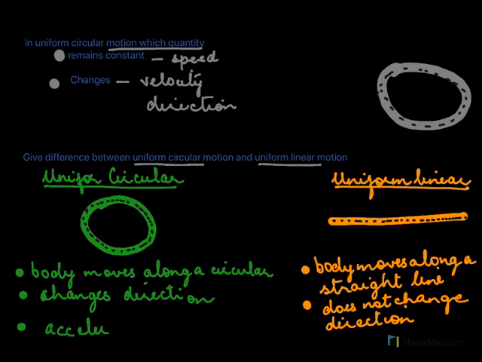It is accelerated motion, because direction changes, velocity changes, accelerated. But when we come to uniform linear motion, it is a non-accelerated motion. Why non-accelerated? The speed remains constant and the direction also remains constant. So these are three points of difference between uniform circular motion and uniform linear motion.